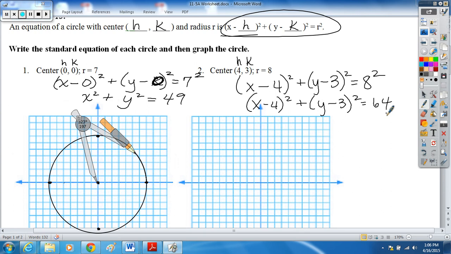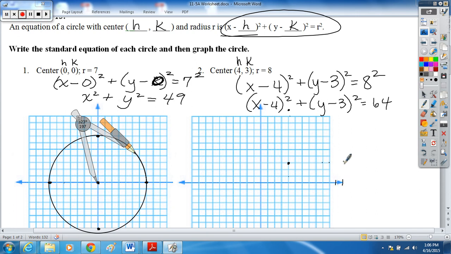with a radius of 8. Now, looking at our picture here, we're looking at (4, 3): 1, 2, 3, 4, and 1, 2, 3. Okay, radius of 8: 1, 2, 3, 4, 5, 6, 7, and I'm going to guess 8. 1, 2, 3, 4, 5, 6, 7, 8.